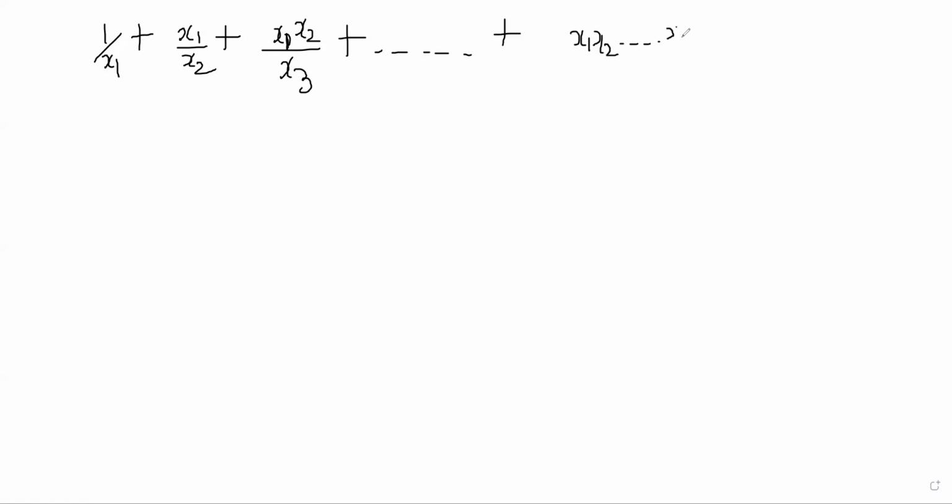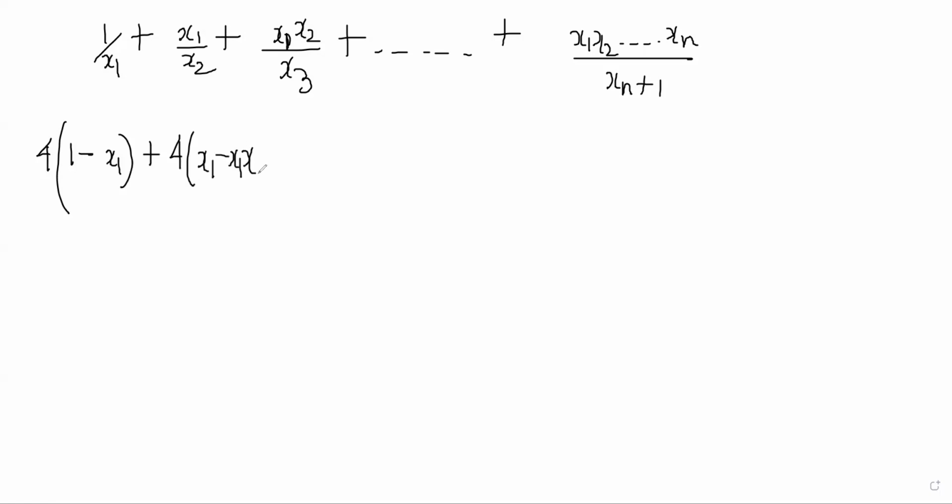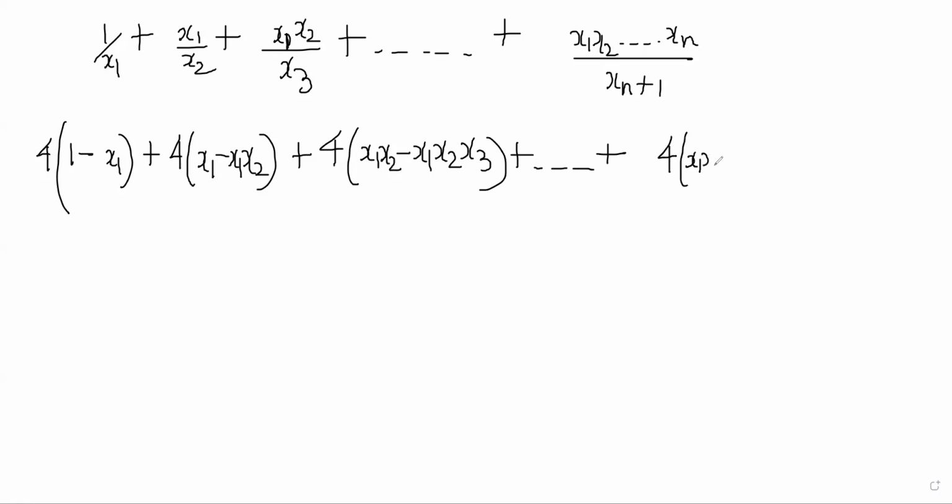So if you write down all the terms like this, 1 by x1 plus x1 by x2 plus x1 x2 by x3 and so on till x1 x2 ... xn by x_{n+1}, each term here is greater than 4(1 minus x1) plus 4(x1 minus x1 x2) plus 4(x1 x2 minus x1 x2 x3) and so on, till the last term will be 4 times (x1 x2 ... xn minus x1 x2 ... x_{n+1}).